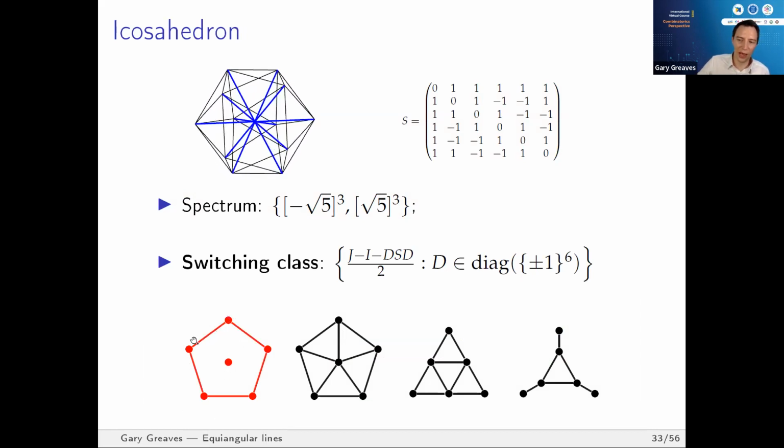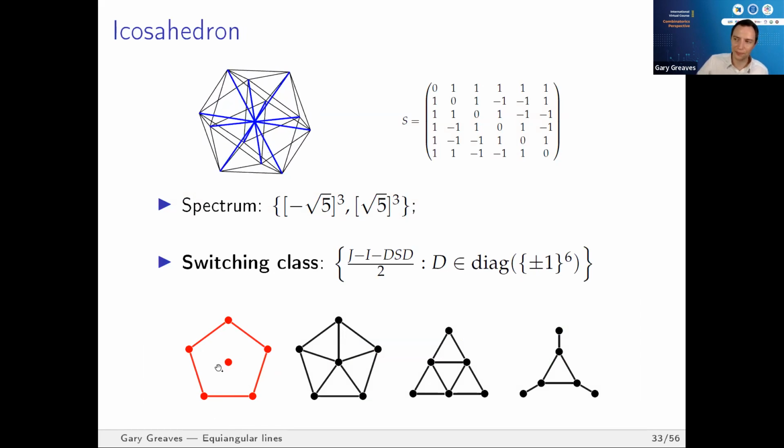So this is a pentagon with an isolated vertex. How do we get that from the Seidel matrix? Well, in the first row and column, you see we only have non-negative entries. So in the adjacency matrix, we would have zeros everywhere. There'd be no edges coming out of this vertex. And so that corresponds to this isolated vertex here.